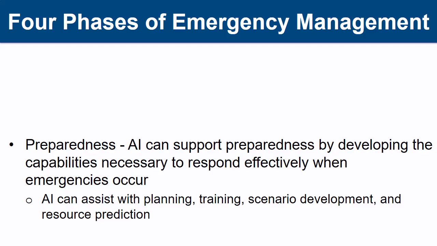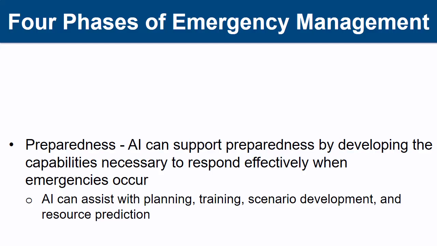AI can assist with planning, training, scenario development, and resource prediction. Consider emergency planning. AI systems can help planners analyze large emergency operations plans, identify potential gaps, compare planning assumptions, and develop scenarios for exercises. AI can also help create realistic training situations.